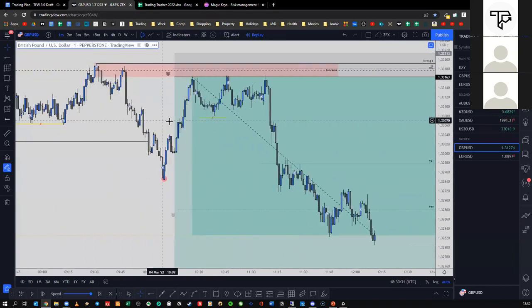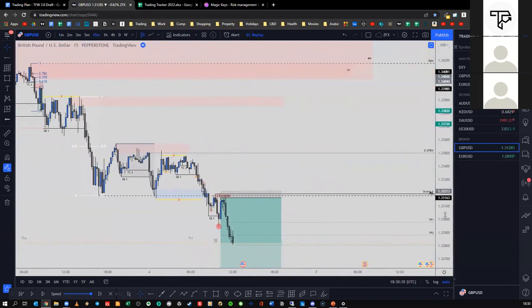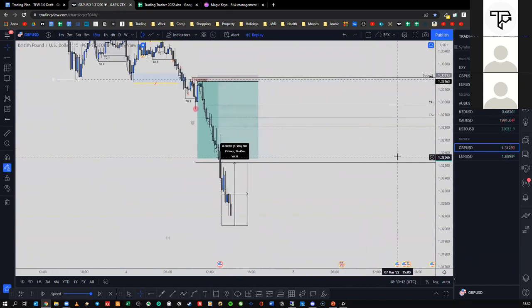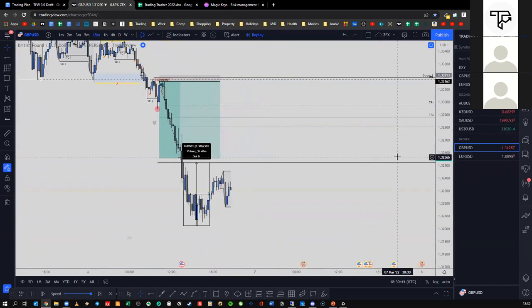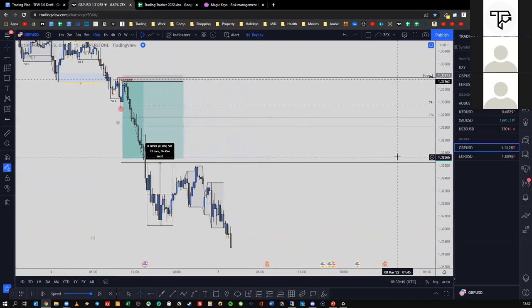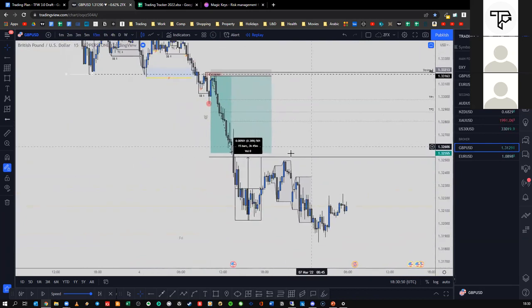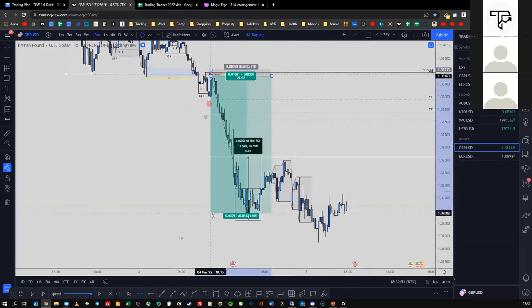So then getting into the entry at the same zone where we had the flip, and then seeing price push to the downside. If I just play out price, unfortunately, due to spread, we did get closed out. But what we saw was a really nice push to the downside.